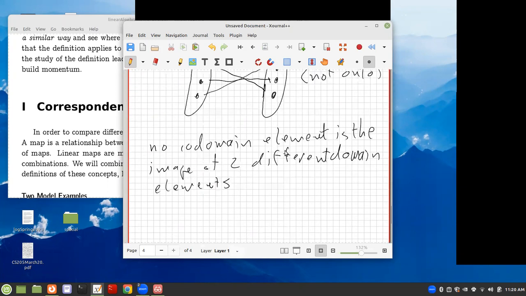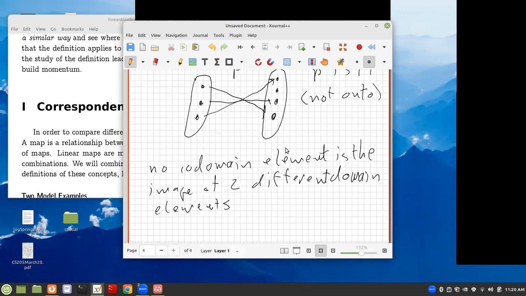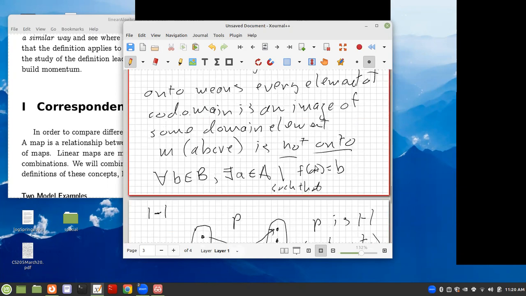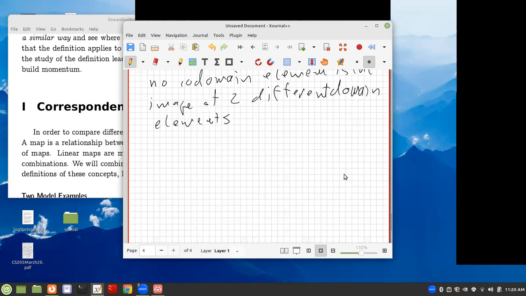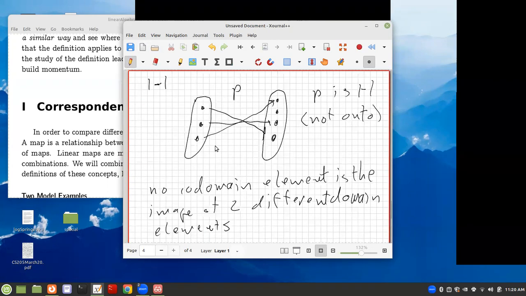Sort of similar to this, you can have maps that are one-to-one and not onto, and you can have maps that are onto but not one-to-one, and you can also have maps that are both. Well, let's first do the formal thing of this one here.